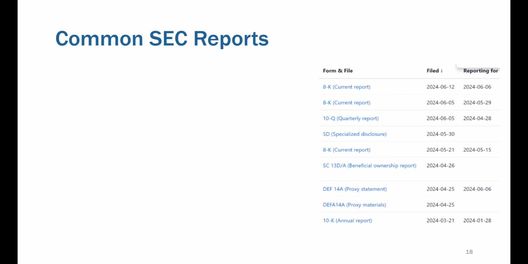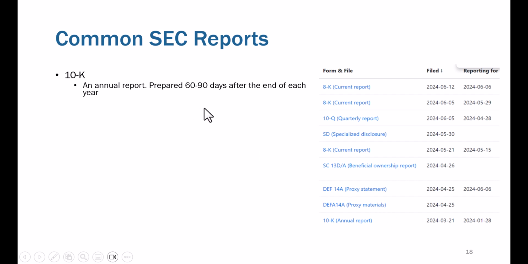We can see over here some titles: 8K current reports, 10Q quarterly reports, special disclosure, beneficial ownership, proxy annual report. And you can see that they have filed these. These are reports that have gone out from June 12th of 2024 to March 21st, 2024. The 10K, that's the biggest one. It's the one that was at the bottom.